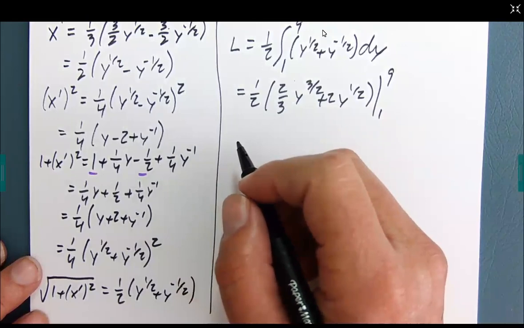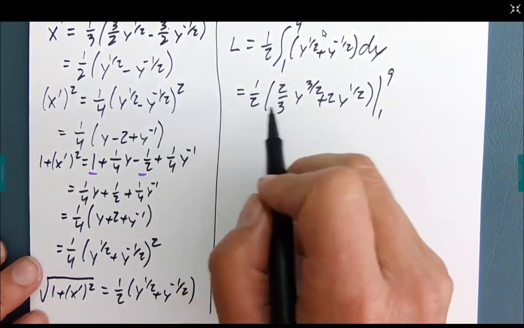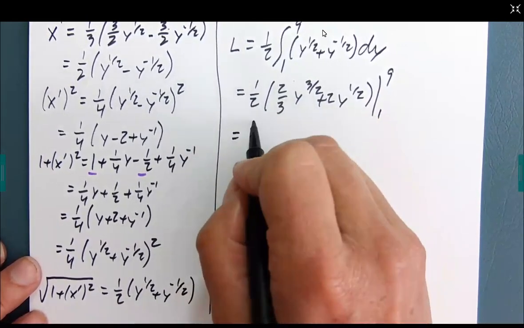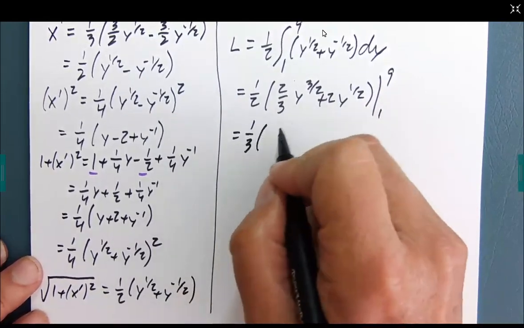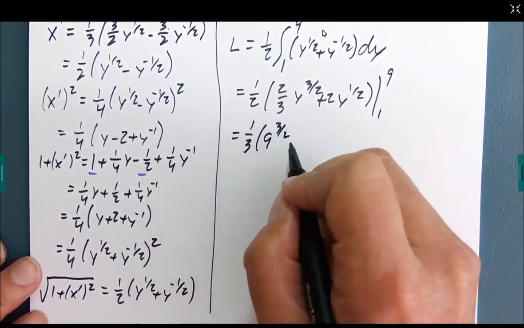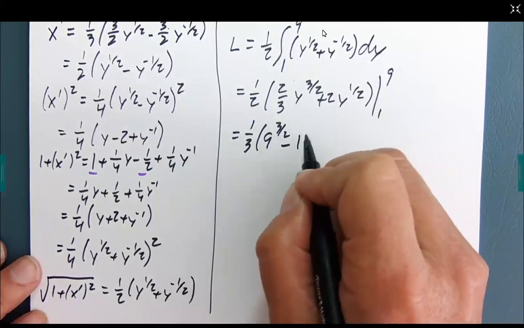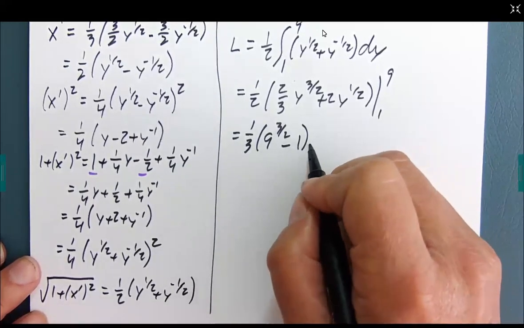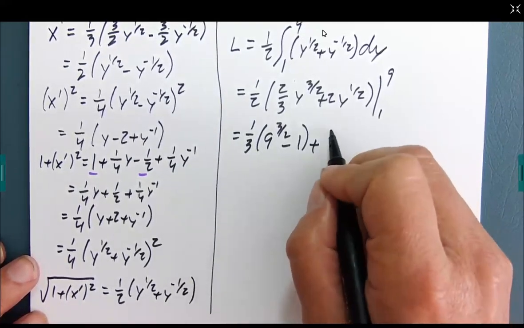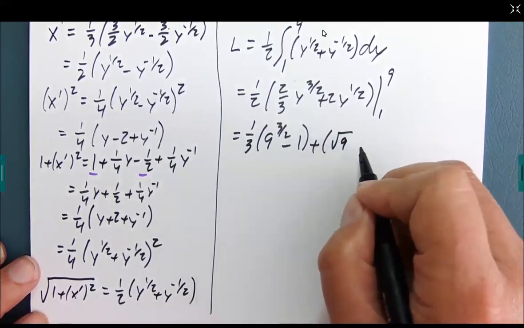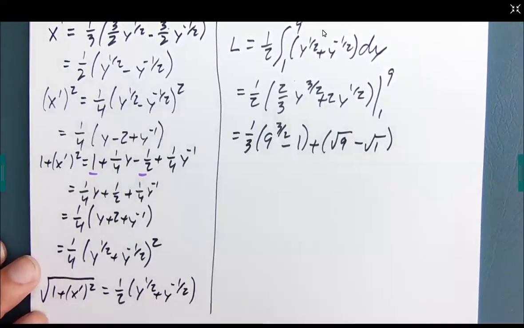And I'm going to go ahead and distribute the 1/2 as well. And you can see the 2's will cancel there. So 1/3. And I'm going to get 9 to the 3/2 minus 1 to the 3/2, which is 1, plus square root of 9 minus square root of 1.